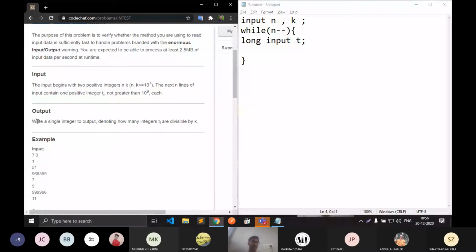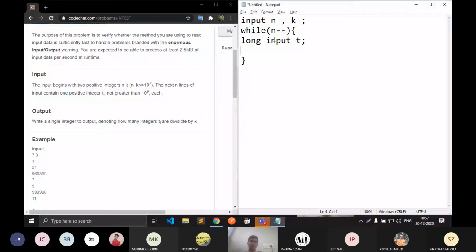Write a single integer to output, denoting how many integers ti are divisible by k. So here they give what we actually have to do. How many integers ti are divisible by k. It means we have to check whether each ti is divisible by k or not.